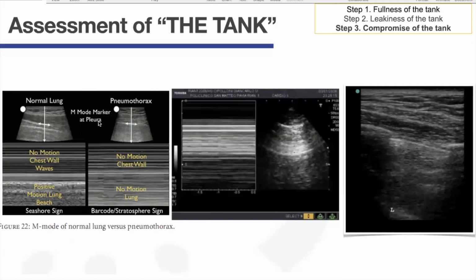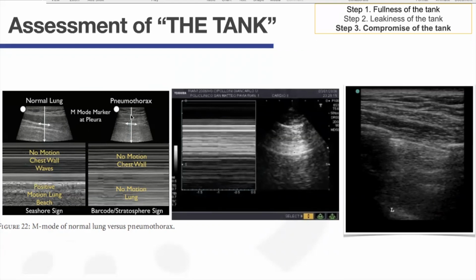And last but not least is to see whether there's any compromise of the tank due to obstructive physiology, such as tension pneumothorax. This is an example of the lung ultrasound of a normal lung. The view that we are interested in is M mode at the pleural line, to see whether there's any sliding sign and presence of the seashore sign on M mode.